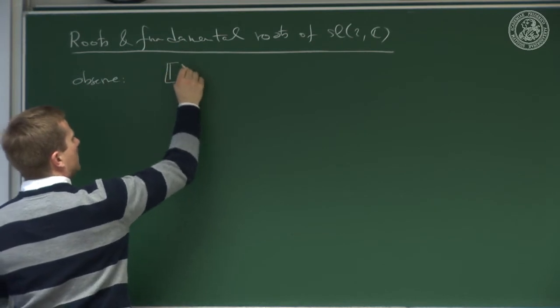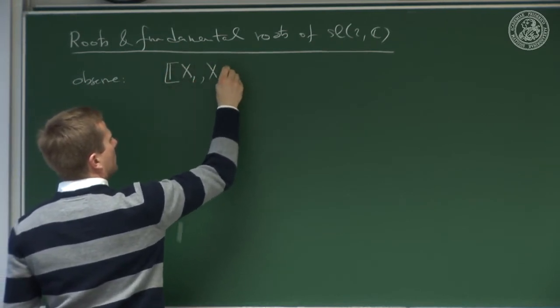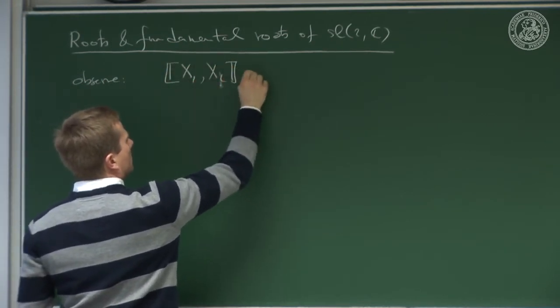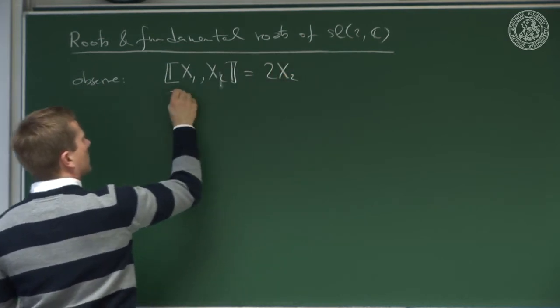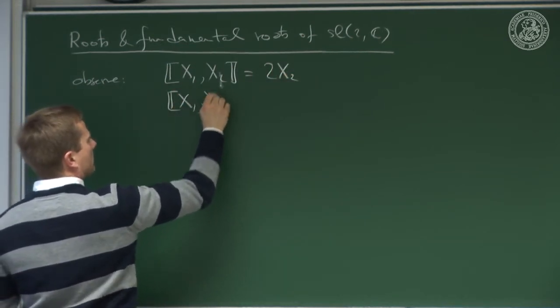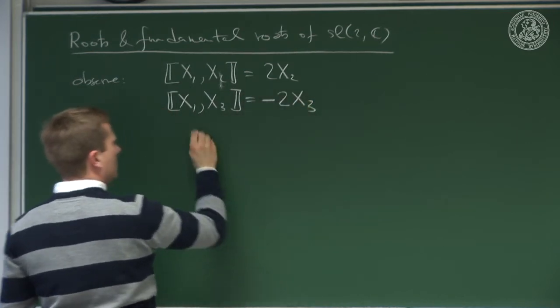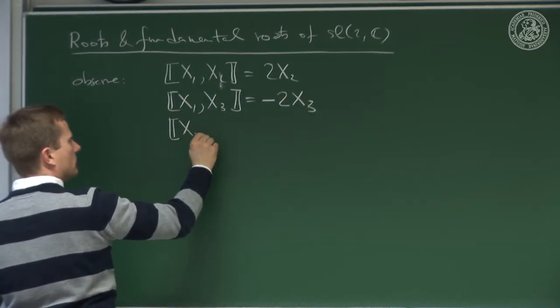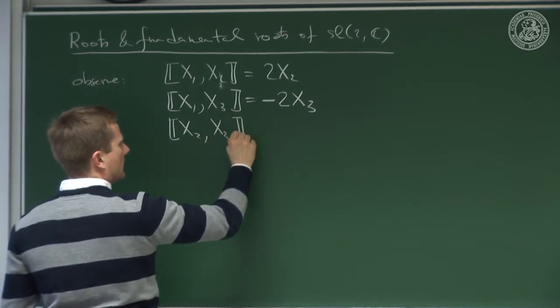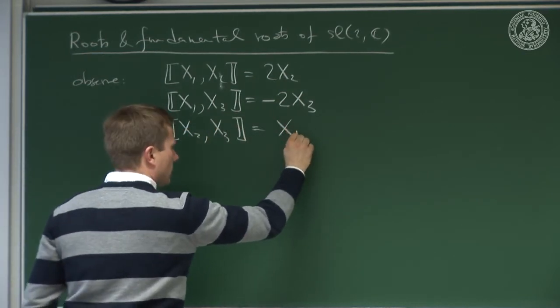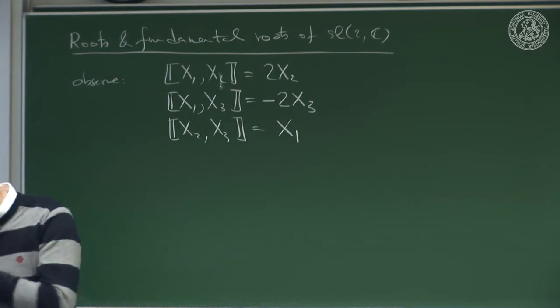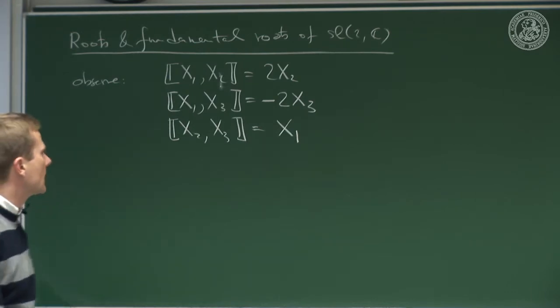From the commutation relations, let me write them down once more. [x1, x2] equals 2x2. [x1, x3] is minus 2x3. And [x2, x3] is x1. So that's our Lie algebra in this example.